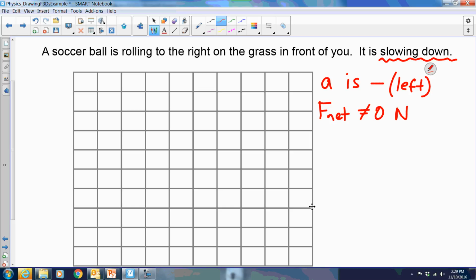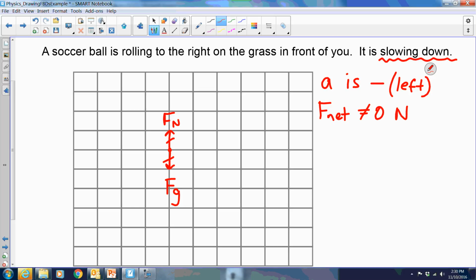So when we're thinking of the soccer ball, we can definitely draw, let's say, a small weight here. It's not accelerating up or down. It's just accelerating to the left. So the normal force is basically the ground holding it up, and that would cancel with gravity. But then the only other force on it must be friction, basically.